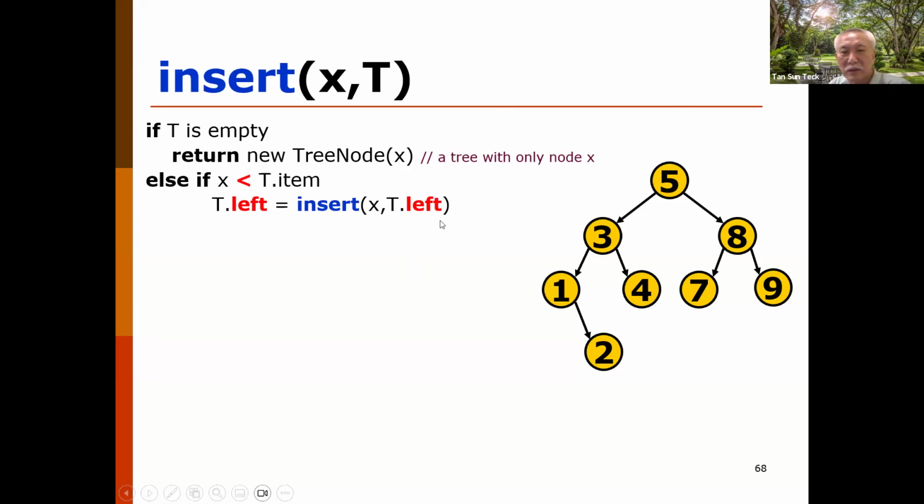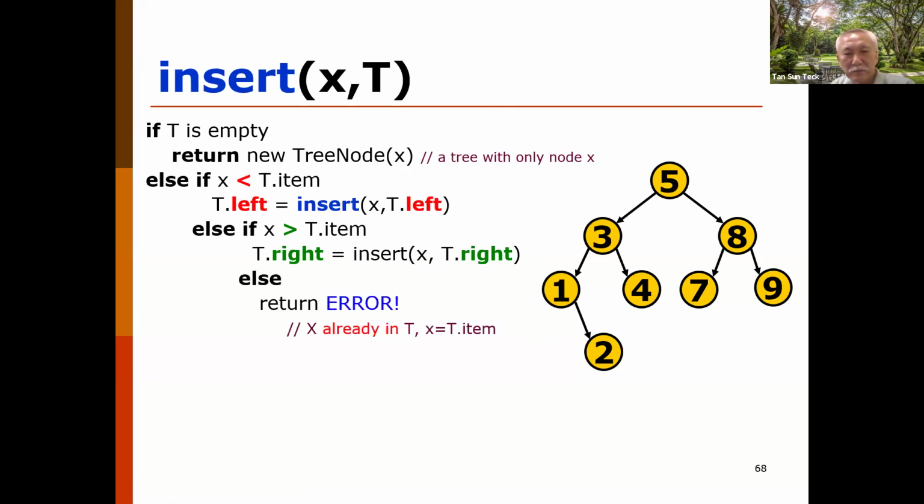Insert this new value to the left side of what we have. Eventually, you come to 1 down here, then you insert the new value on the left side of 1. Otherwise, the other way around. So this is quite symmetric. Otherwise, there's an error, because x should equal the t item. And after that, you return t, which is a node pointing to the solution.